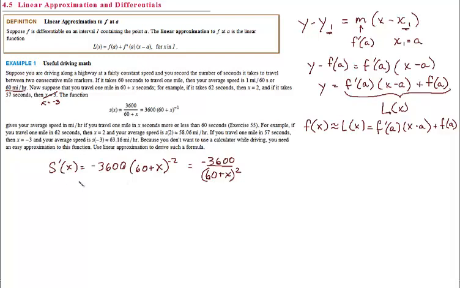Now I need to use this linear approximation formula, and I'm wanting this A to be, if I'm traveling 60 miles an hour, I want the time in between mile markers to be exactly 60 seconds, because that's really what it should be. But it's not going to be. That x is going to vary.